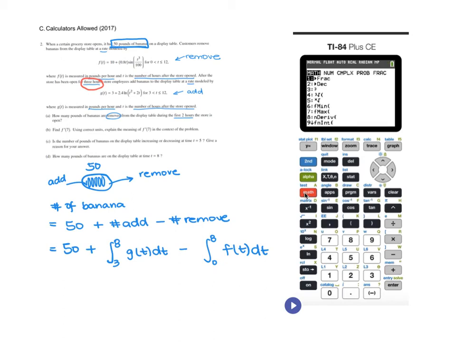So we have 50 plus the integral, so math 9, from 3 to 8. And remember g of t, we plug it into y sub 2, dx, minus the integral, so math 9 again, from time 0 to time 8 of f of t, which we plug into y sub 1.